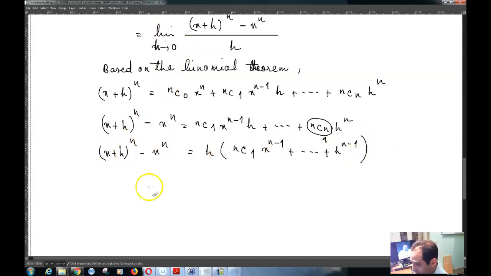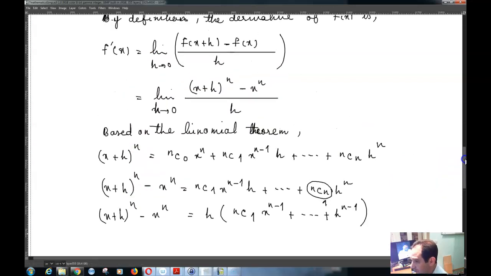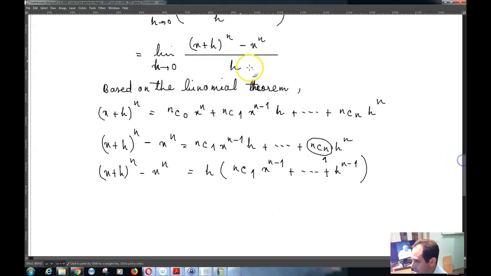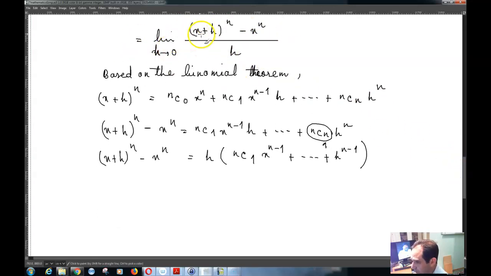Now over here we said that f prime of x is equal to this expression over here. So this expression is the limit of (x plus h) raised to the power n minus x raised to the power n over h, which is basically this expression over here divided by h.